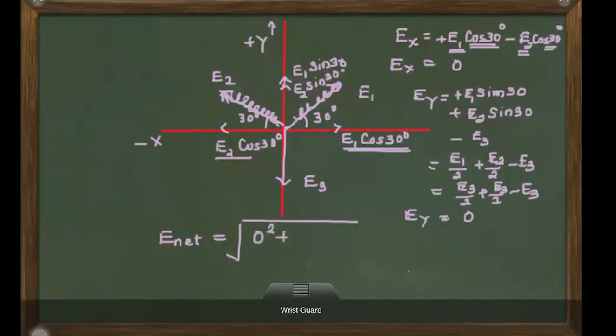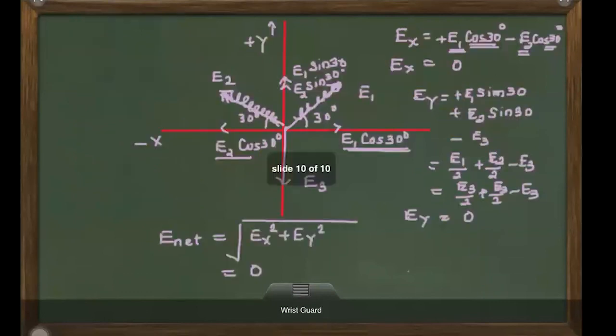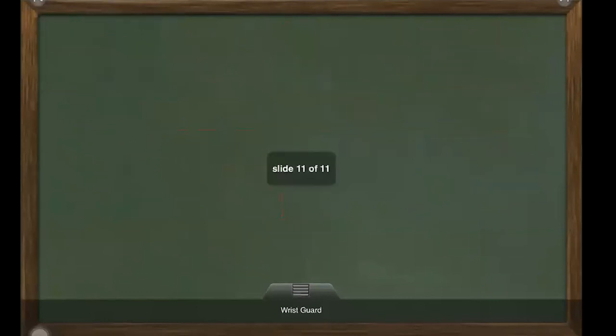As you are aware, we should write here all X components squared plus all Y components squared, and that is 0. So what is the net electric field at this point O or centroid? That will be 0.